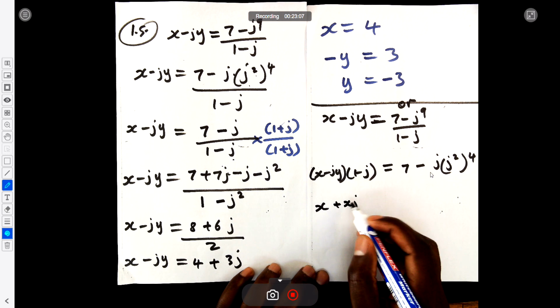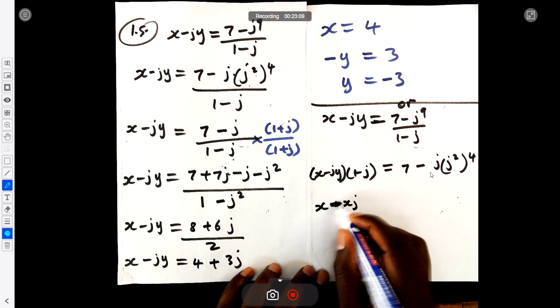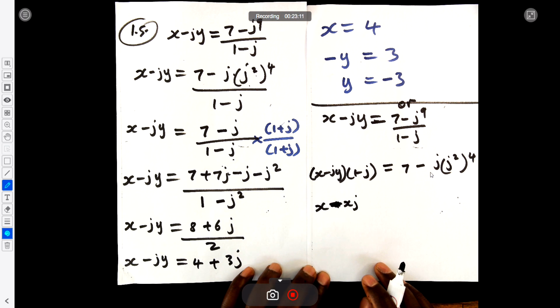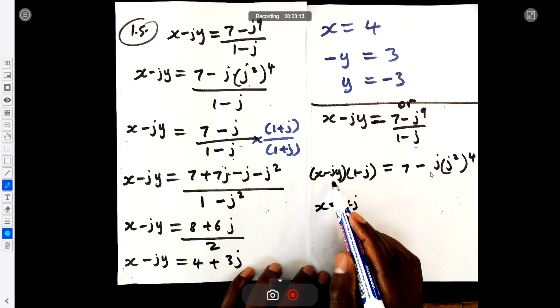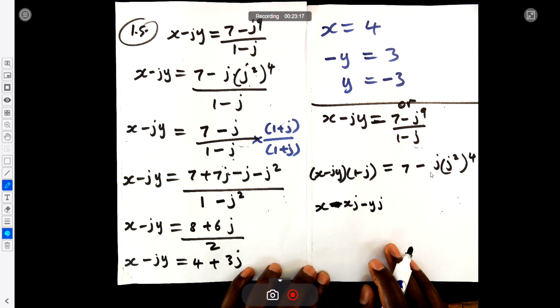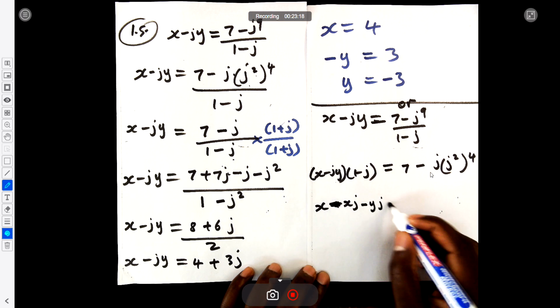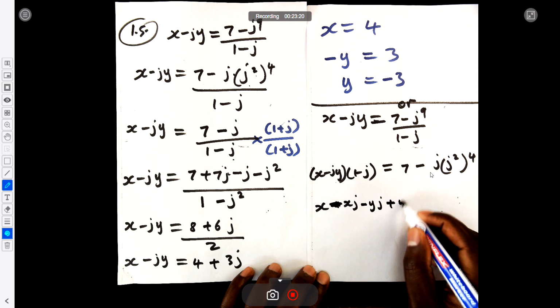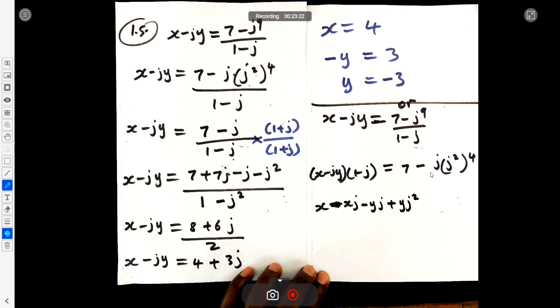In fact, it's a minus xj. The minus jy times 1 is minus yj. And minus times minus is positive. Therefore, yj squared.